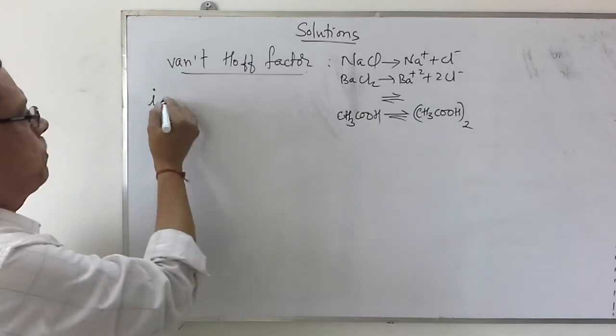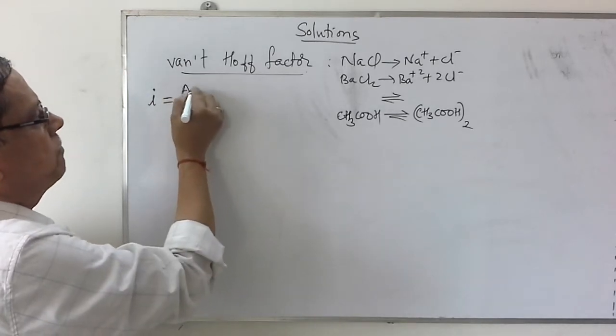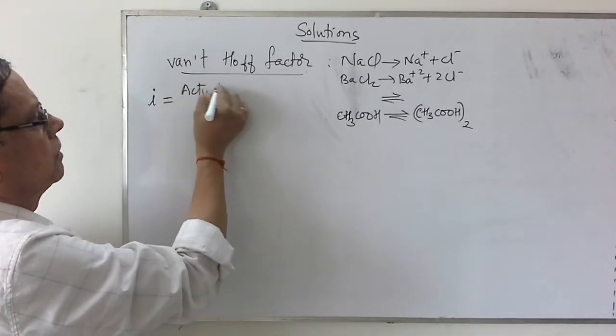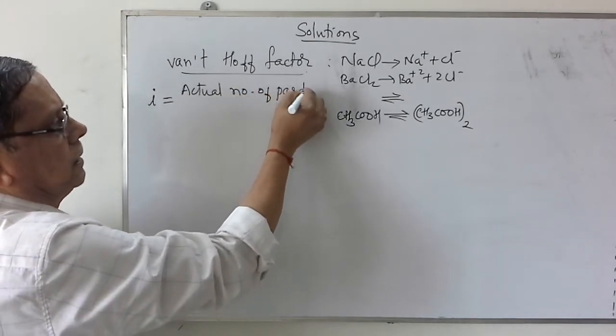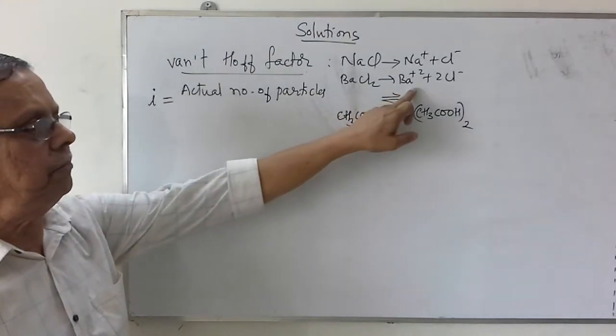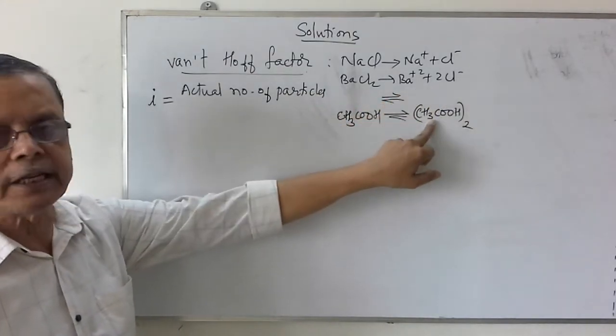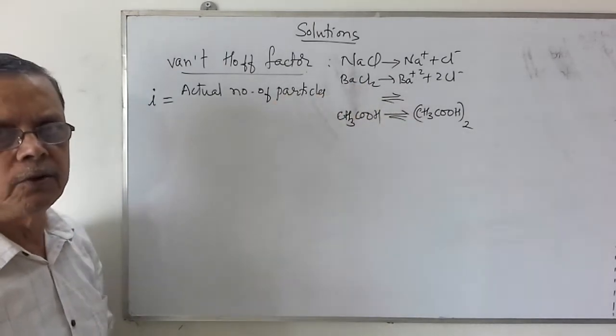This is explained in the form of an equation, that is, actual number of particles. Here he considered the particles. Particles means maybe ions or associated molecules, including the unassociated or undissociated molecules.